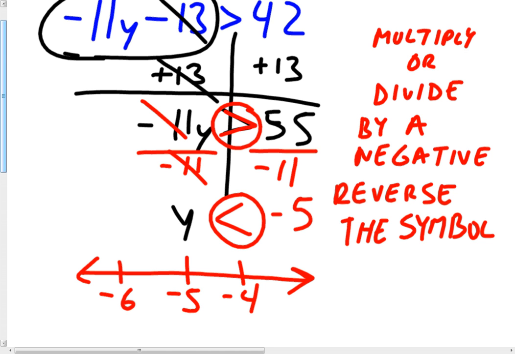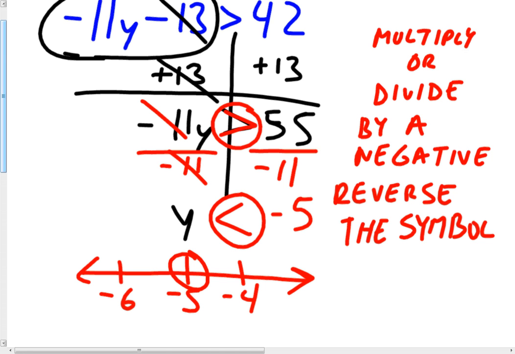Should this be an open circle or a closed circle for less than? Open. That means that negative 5 isn't really in the answer. It's just the boundary of the answer. And this is saying, give me all the y's that are less than negative 5.